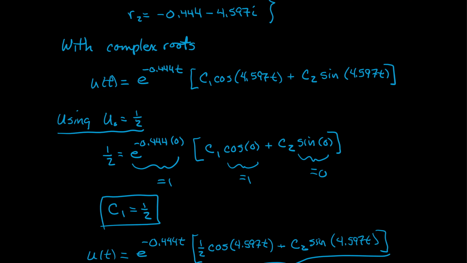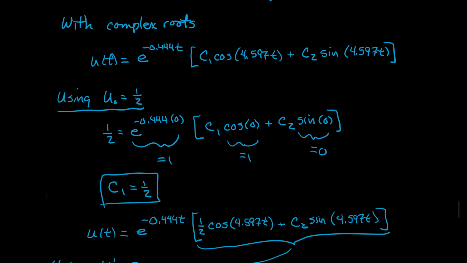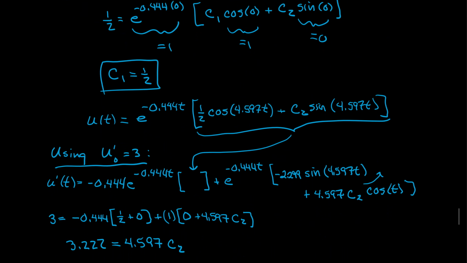Cosine of 0 is 1, sine of 0 is 0, which makes this really straightforward because we now have the equation 1/2 is equal to 1 times c1, where c1 is a 1/2. We can now take that value for c1 and substitute it into our displacement equation, and it gives us this.